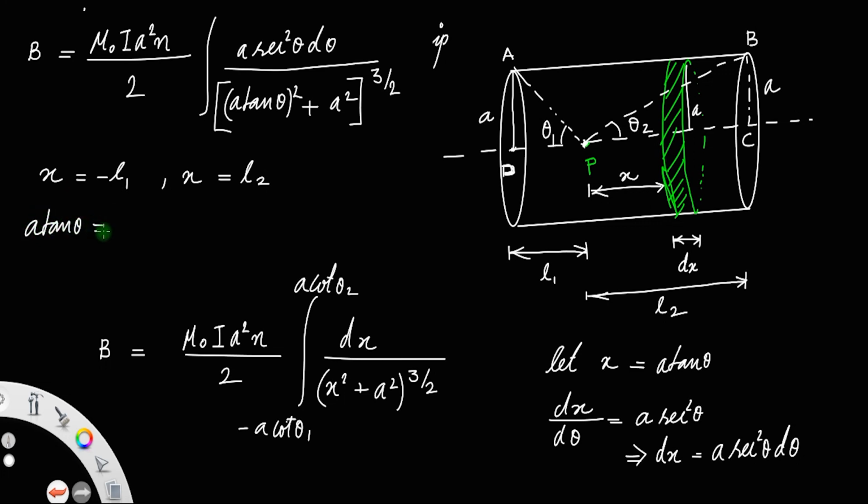So a tan theta is equal to minus L1. Taking this equation first, L1 is a cot theta 1, so a tan theta is equal to minus a cot theta 1. You can cancel a and a, so minus tan theta is equal to cot theta 1.